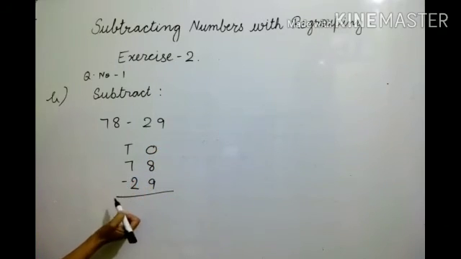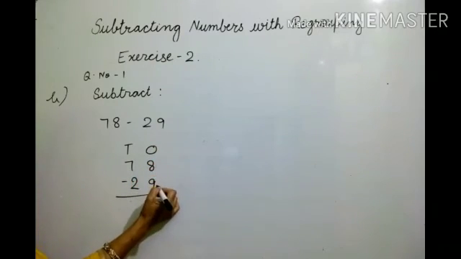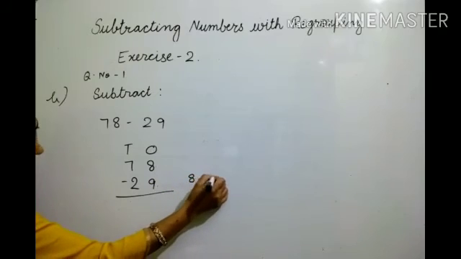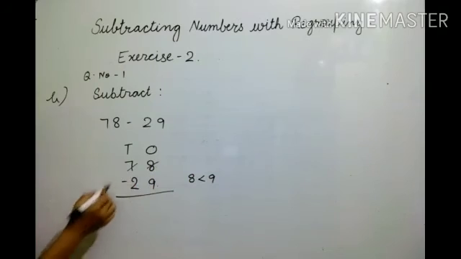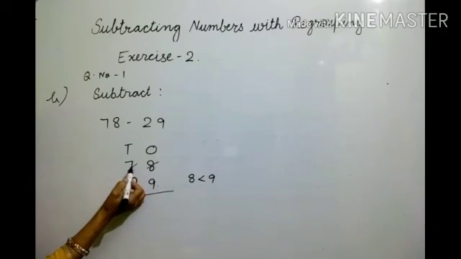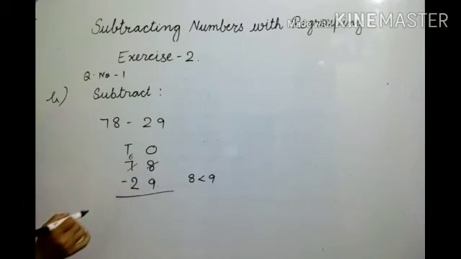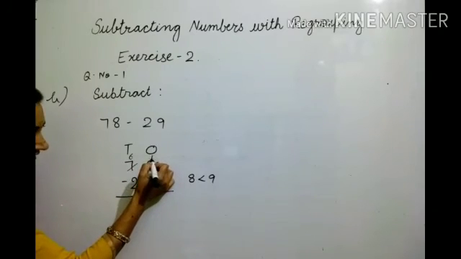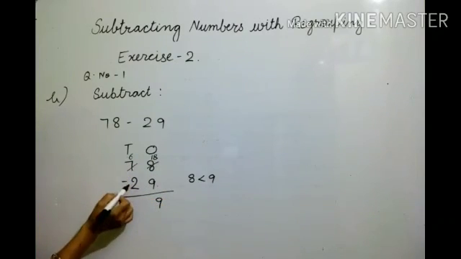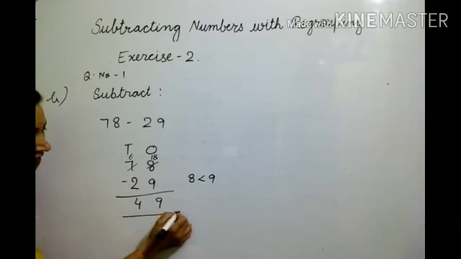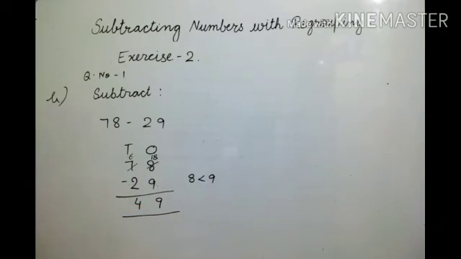Don't start from the tens place, otherwise it will give the wrong answer. 8 minus 9. As 8 is less than 9, it will take borrow from tens. 7 tens were here, 1 will be given, so 6 will be left here and here will become 18. Now 18 minus 9 is 9 and 6 minus 2 is 4. In this way, we do subtraction with regrouping.